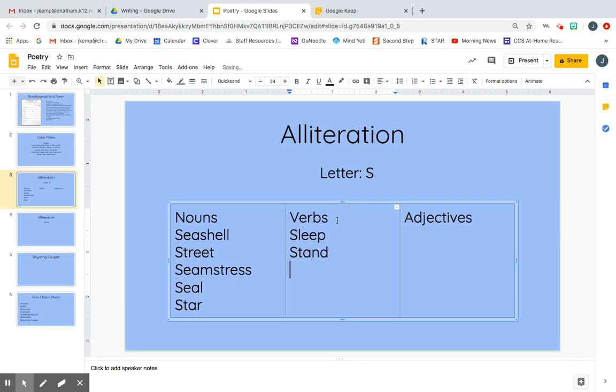Stand is a verb. Sing is a verb. Sleep, stand, sing. Stop is a verb. Like when you're running or jumping, then you stop. That's a verb.